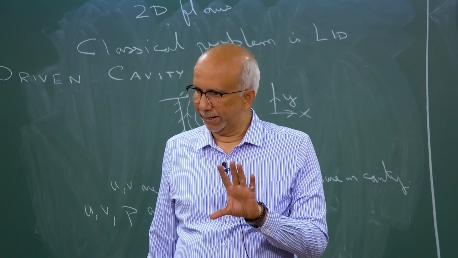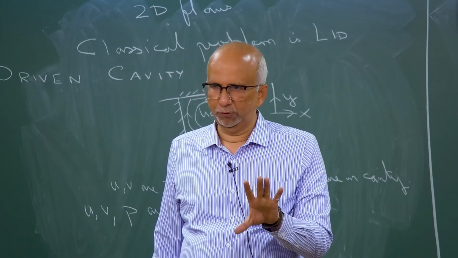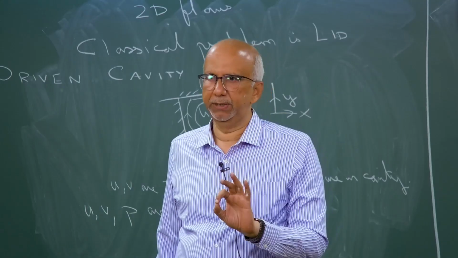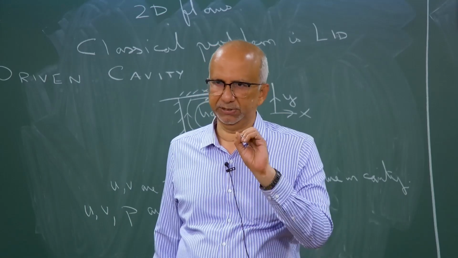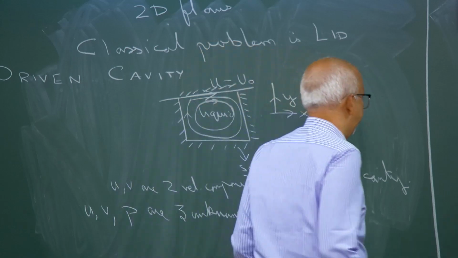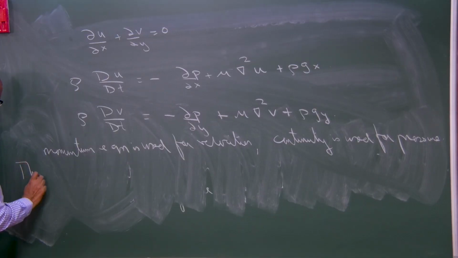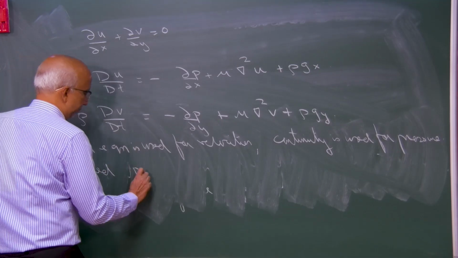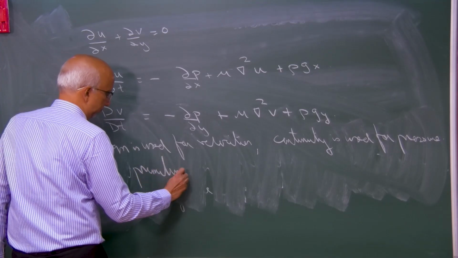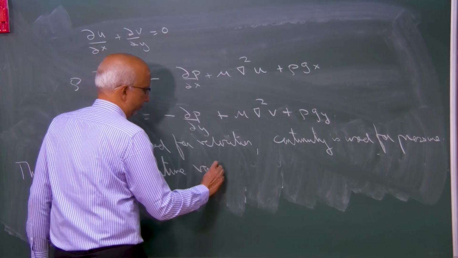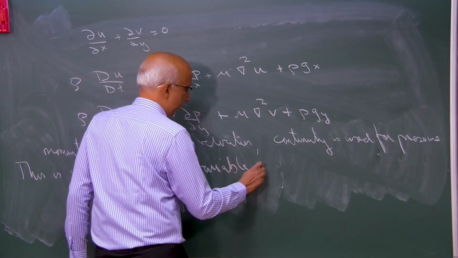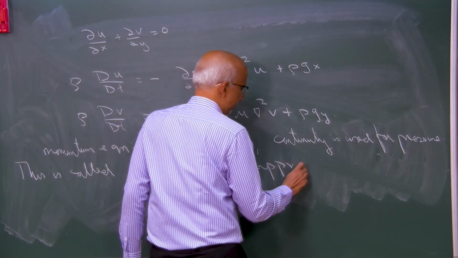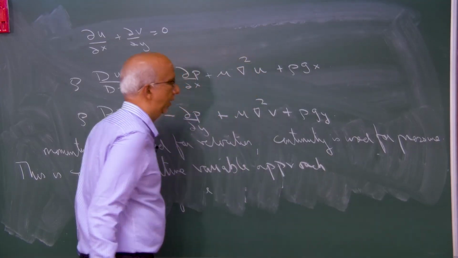So, when you are directly solving for the flow field using u, v and p, directly getting the velocity components, these are called the primitive variables. This is called the primitive variable approach, okay.